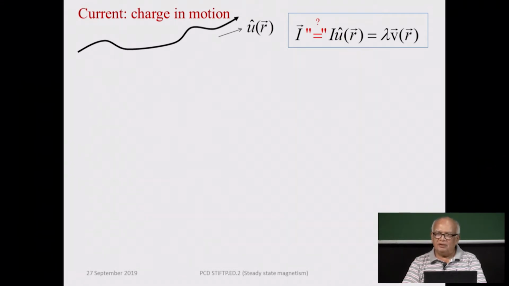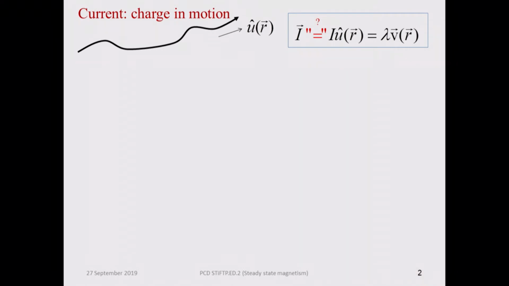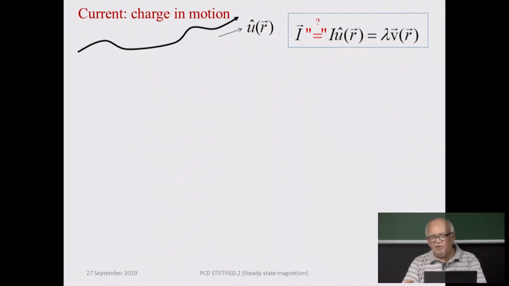So, I prefer not to use the term magnetostatics, because when you have a current, we are talking about magnetic fields generated by electric currents, and electric currents require a charge in motion. So, there is an intrinsic motion that you cannot dispense with when you talk about even steady state magnetic fields. So, I prefer to use the term steady state magnetism to magnetostatics, because the charges are certainly not static, they are not at rest.